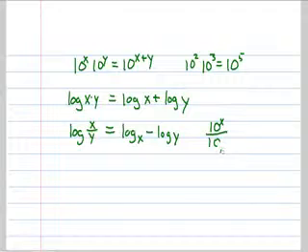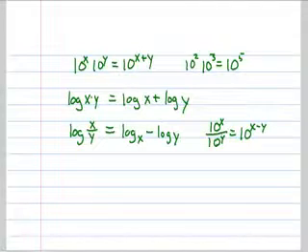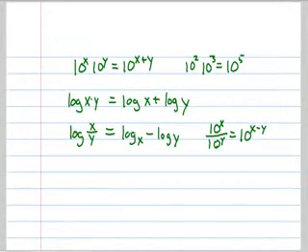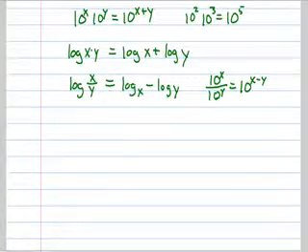Well, if I wanted to write this with a base 10, not 1 over 10 something, then I would just subtract the denominator's exponent from the numerator's exponent, and that would give me my new exponent. Could be positive, could be negative, it depends on what x and y are. But notice how our logs also reflect this very same process.